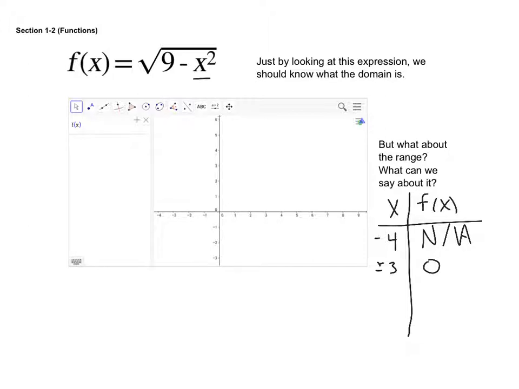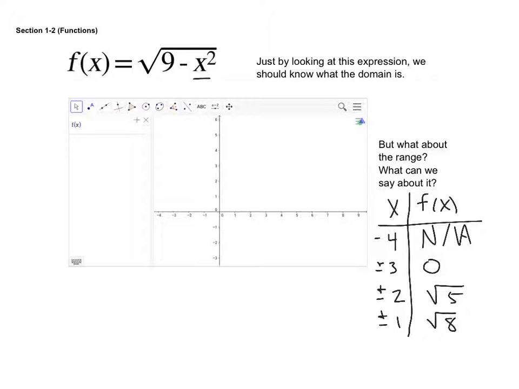Now, when x is plus or minus 2, I get 9 minus 4, so I get the square root of 5. And then when x is plus or minus 1, I get the square root of 8. So the square root of 5 is just over 2. The square root of 8 is just under 3.